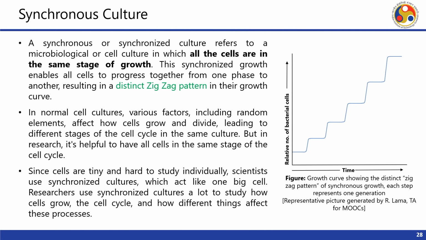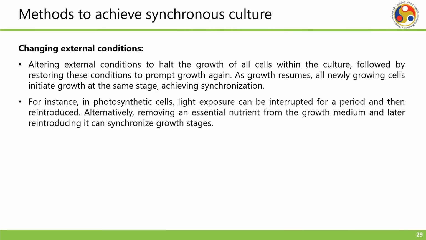Since cells are tiny and hard to study individually, scientists use synchronized cultures, which act like one big cell, representing the features at a particular point of time uniformly. So, researchers use synchronized cultures a lot to study how cells grow, or phenomena like the cell cycle and how different things affect these processes.